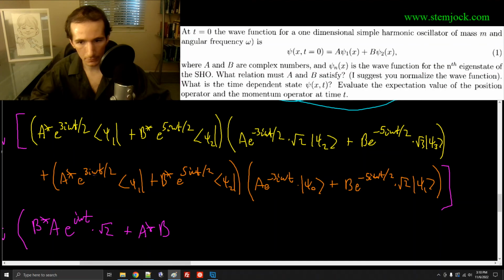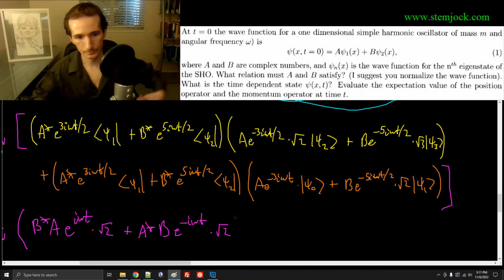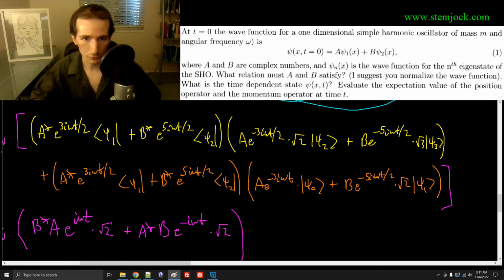and now if I combine the exponential function, that's going to be times e to the minus i omega t, and I have a square root 2. And again, this inner product here, psi 1 comma psi 1 is 1. Let's see, I'll just go through to check that we have no other non-zero terms.